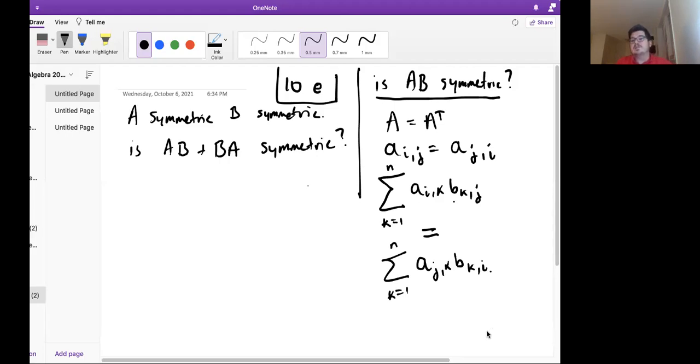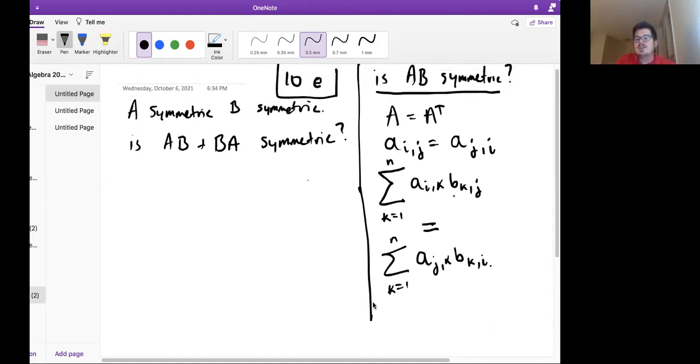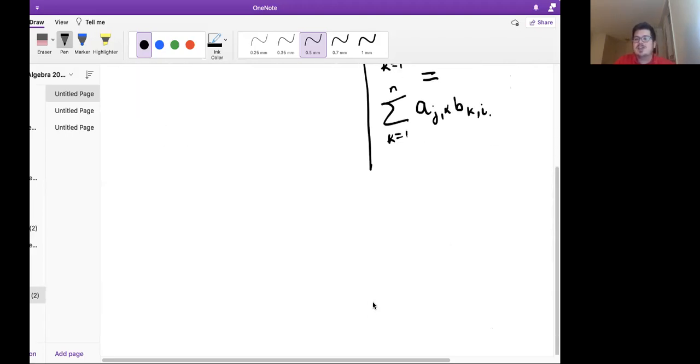That's what you would want if the product was symmetric. However, you might get stuck here, wondering how to prove that's true. What we can do is just find an example where it doesn't work. So I'm going to give an example where it doesn't work.